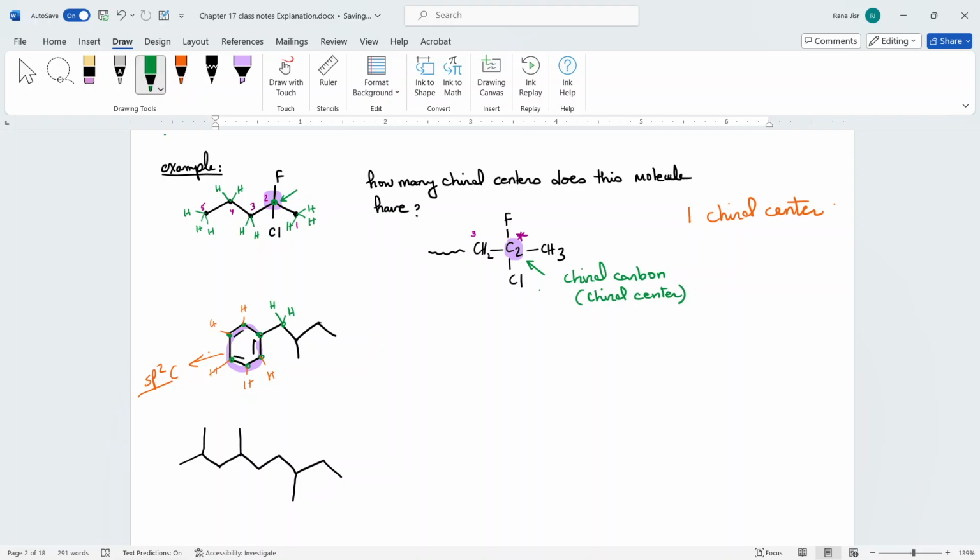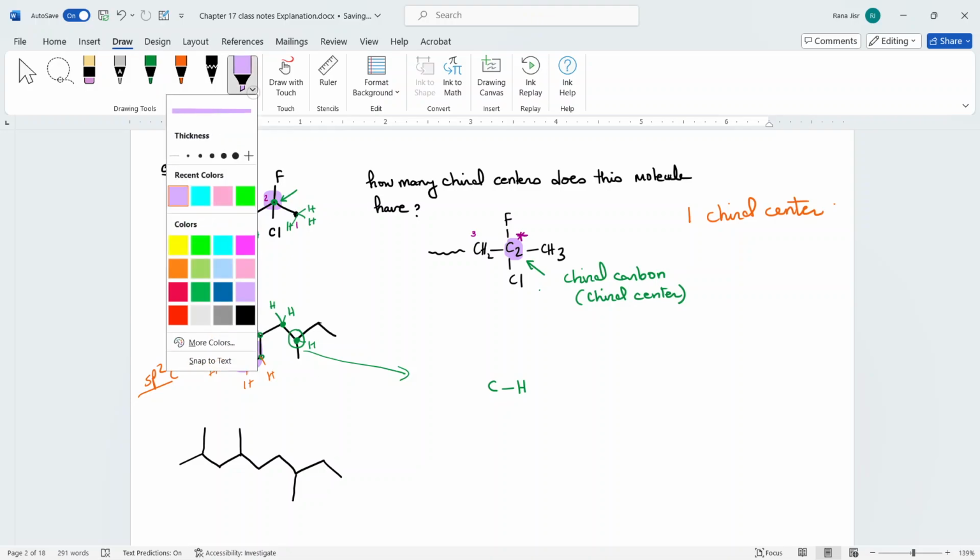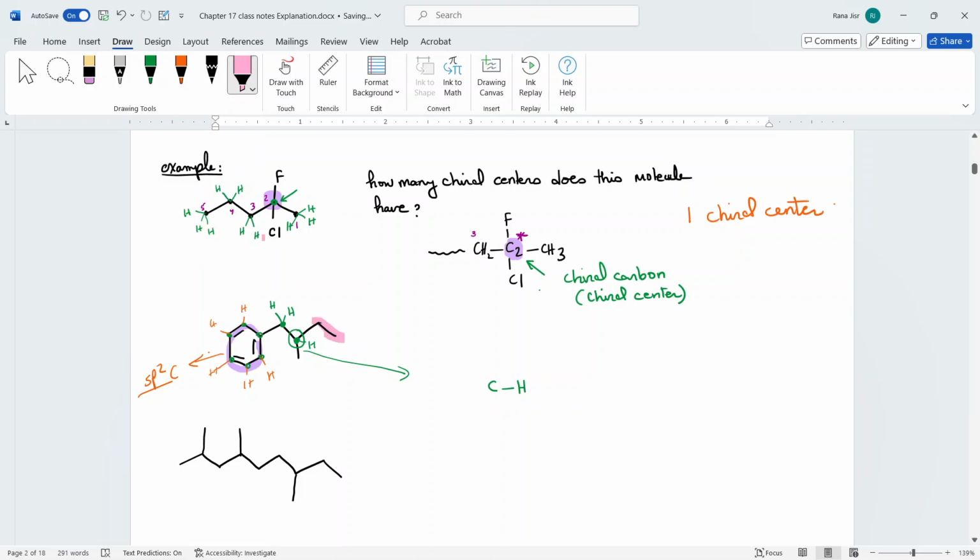And then you have the CH2 here. This is not a chiral center. This carbon over here, yes, it is a chiral center. So let's magnify this carbon. This carbon is connected to what? It's connected to a hydrogen. It is connected to an ethyl group, which is the CH2CH3, and a methyl group, and this whole thing there.